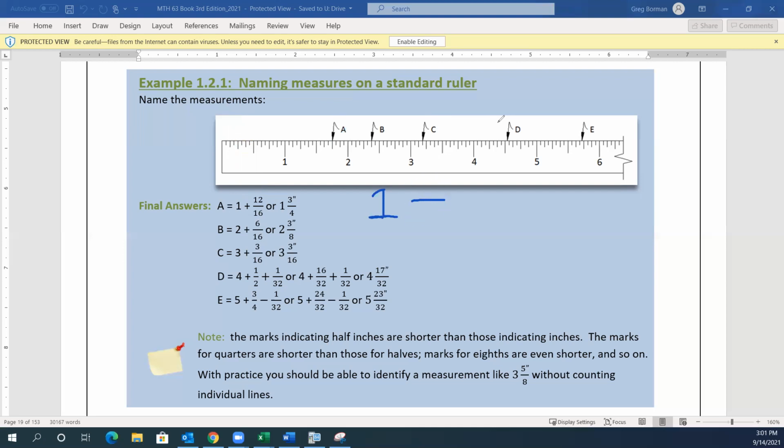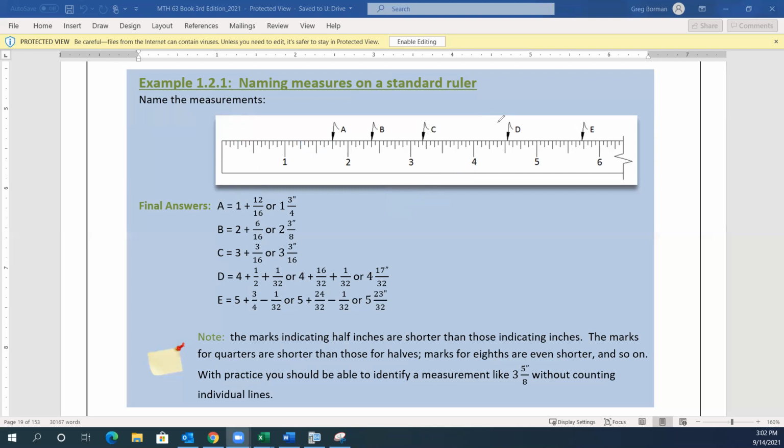I've got a fraction bar there. I'll put my inch marks. So that's 1/2 inch. The next smaller line is going to be 1/4 inch, which is the same as that one. So it's going to be 1 and 3/4 inches. Okay, that's how it goes.